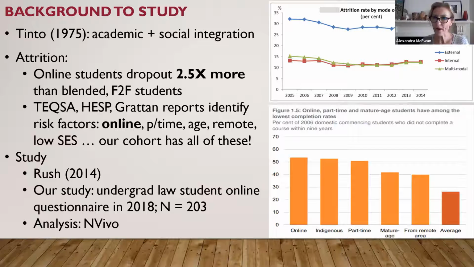In terms of where our study fits into all of that, we compare and contrast the findings from a study published by Penny Rush in 2014. Rush's study was again about online study, but her cohort was much larger than ours. Her study took into account online undergraduate and postgraduate students.